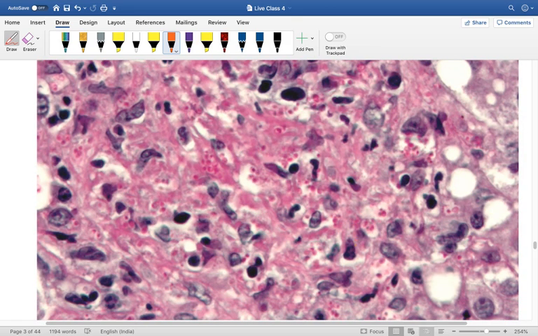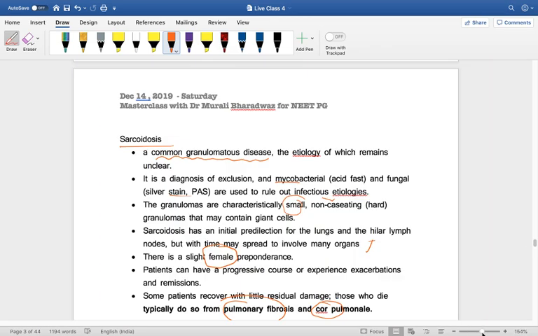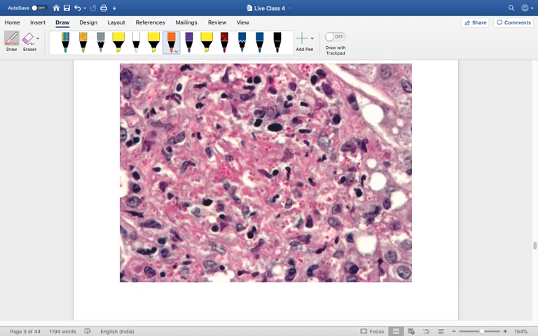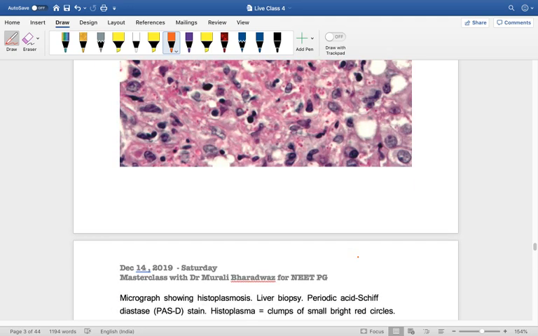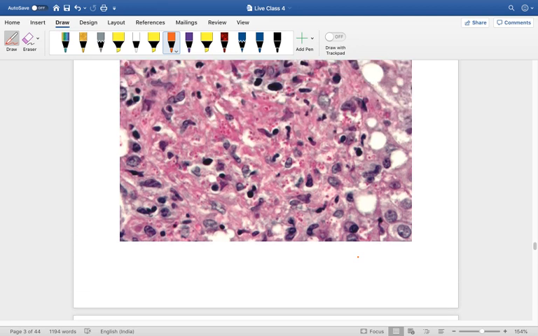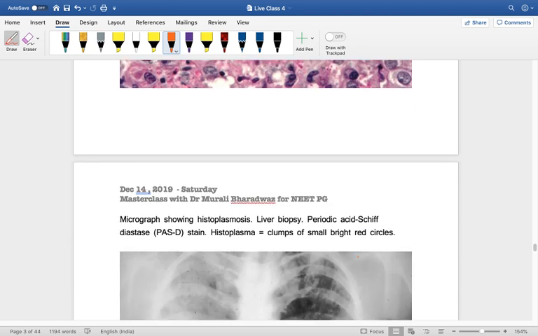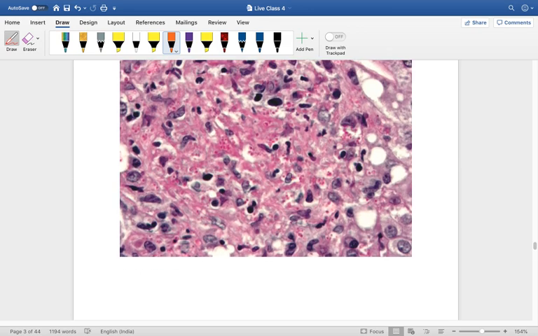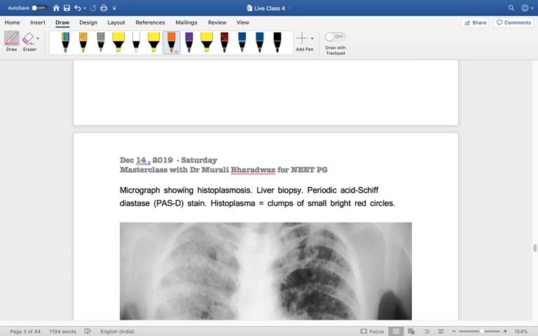Now tell me, doctor, what are you seeing in this histological slide? Fatafat bolo. You are able to see histoplasma. Typically, periodic acid Schiff stain is the one which will stain the histoplasma.